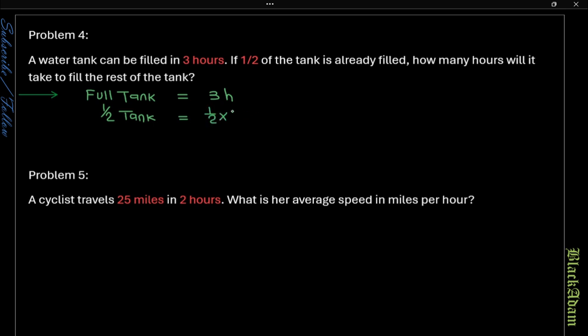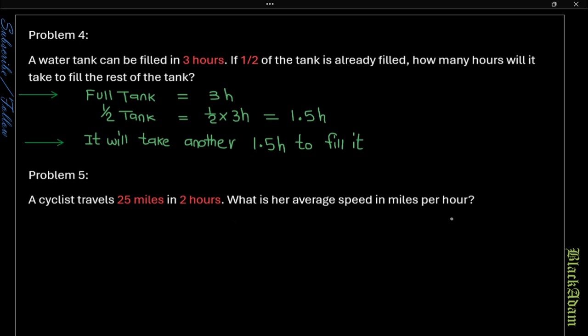So 1 over 2 times 3 is giving us 1.5. So it will take 1.5 hours to fill the other half. So if it takes quarter, then you know that you multiply by 4, and if half makes full, it will take another 1.5 hours to fill it.